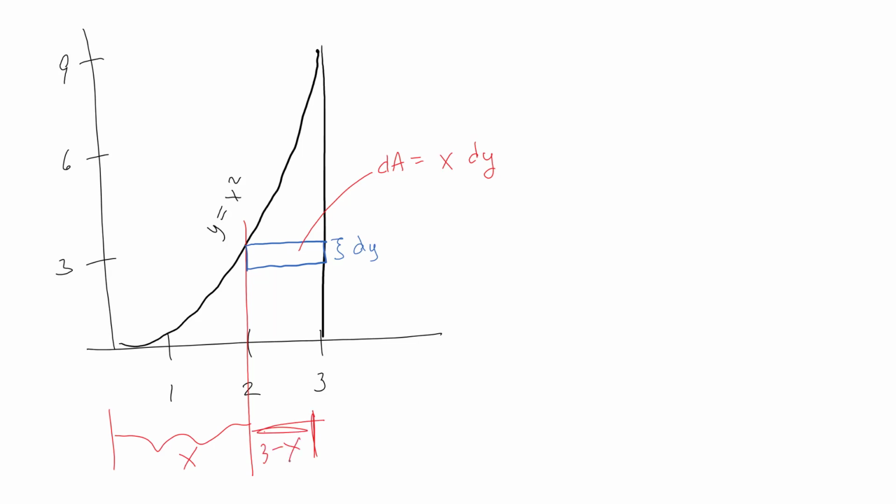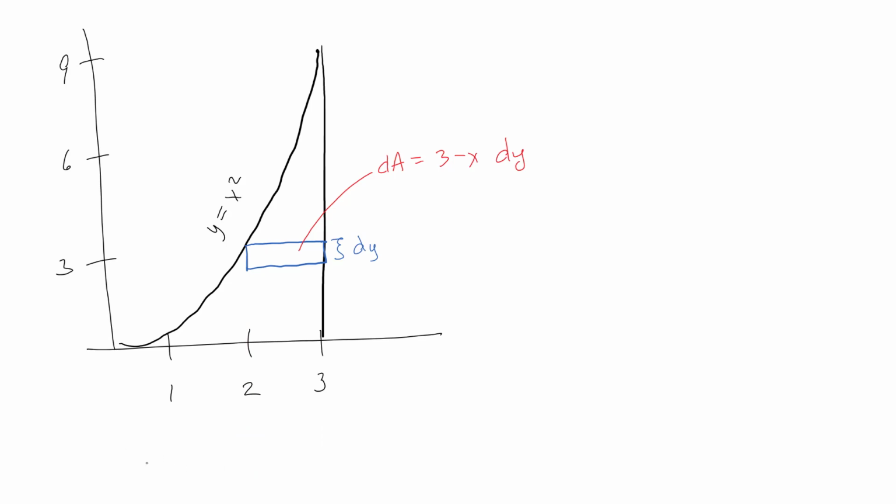You can't just look at it and go, clearly it's x, because it's not. x starts being measured from over here, so x goes this way. So whatever x is, the width of this rectangle is not x. It's 3 minus x. And then the height of the rectangle is dy.